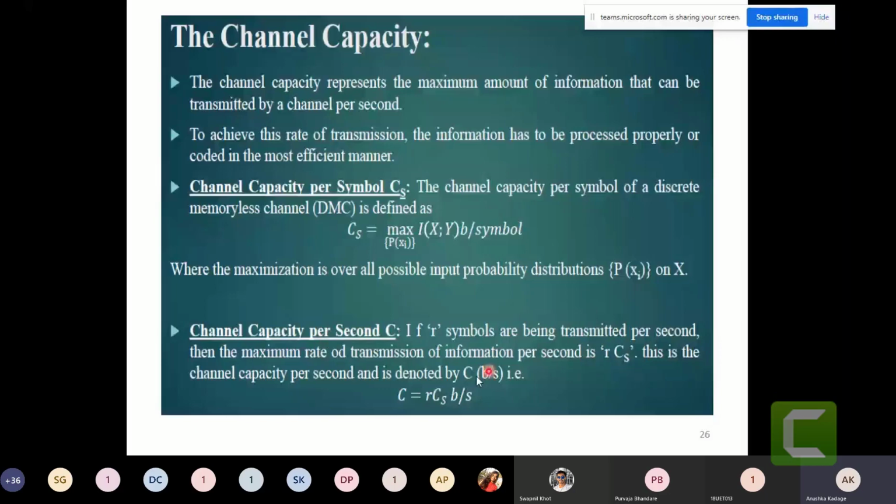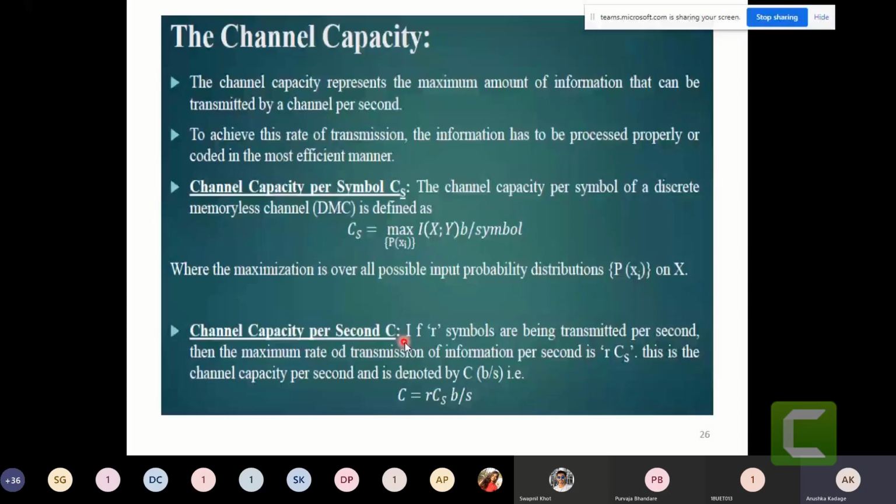This is the channel capacity per second, denoted by C is equal to R into CS, where CS indicates the channel capacity per symbol, and this CS is given by the maximum of trans information obtained from transmitter towards receiver, while the channel is capable of getting R symbols per second from the transmitter.